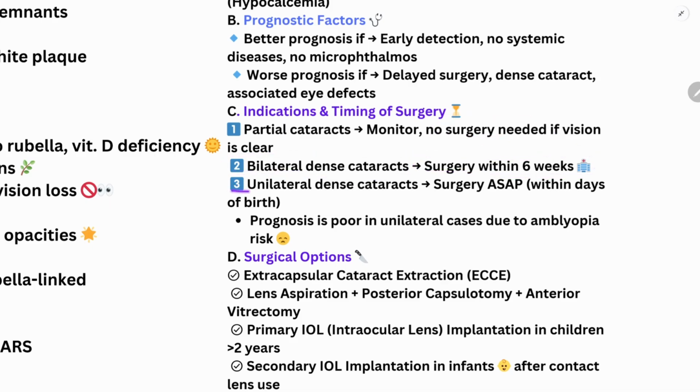And in case of unilateral dense cataracts, surgery is necessary as soon as possible, like within days of birth. Okay. So prognosis itself is depending on the treatment. You can say first one doesn't need any surgery, second one needs surgery within 6 weeks, and third one needs surgery within days. So it shows that prognosis is poor in unilateral cases due to amblyopia risk.